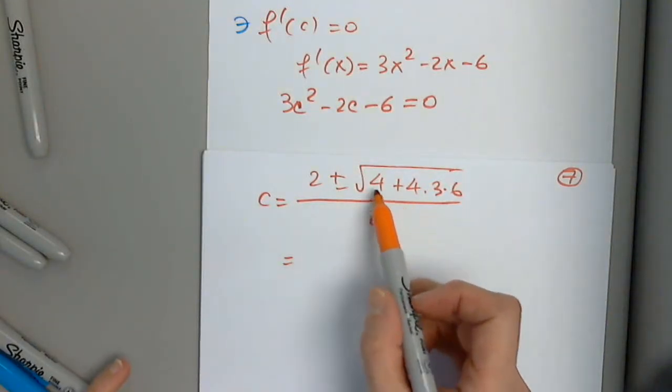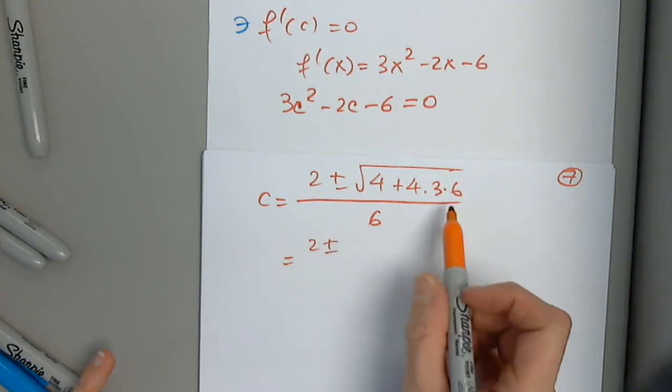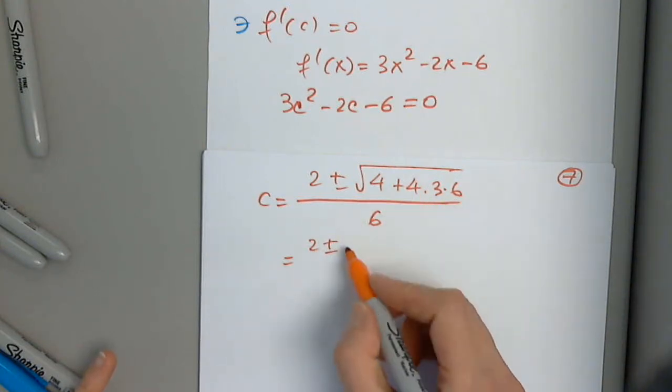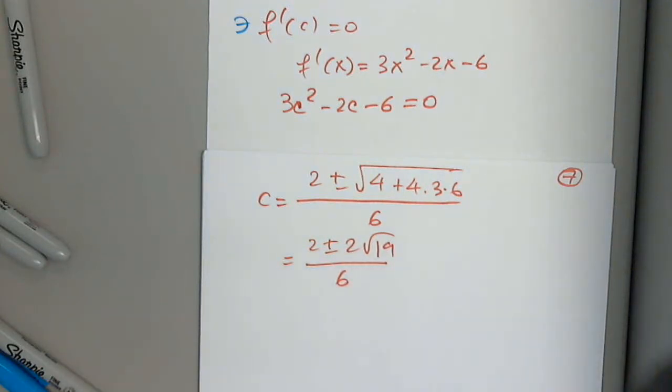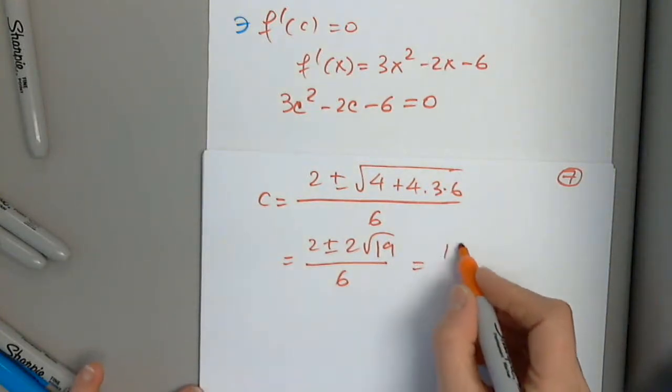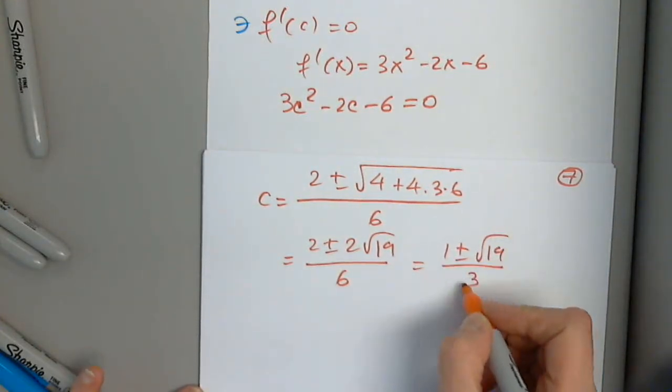So this is 2 plus or minus 2 times the square root of 19 divided by 6. What I did was I pulled out a 4. The square root of 4 is 2. And then 1 plus 18 would be 19. I will simplify, and I get 1 plus or minus the square root of 19 over 3.